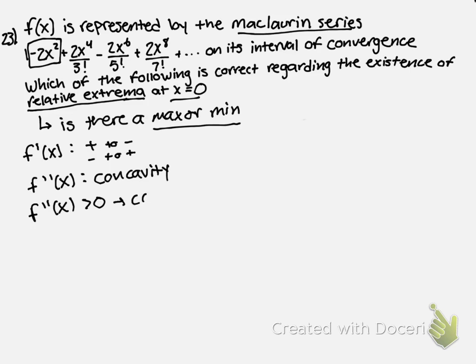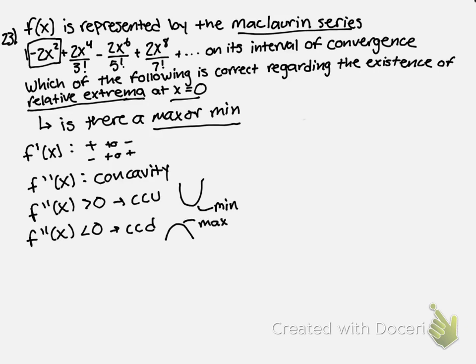So it's concave up. So it's drawing like this. And this shows us that there's a min. And if our f double prime of x is less than 0 or is negative, we know that we're concave down, which means that we have a max.